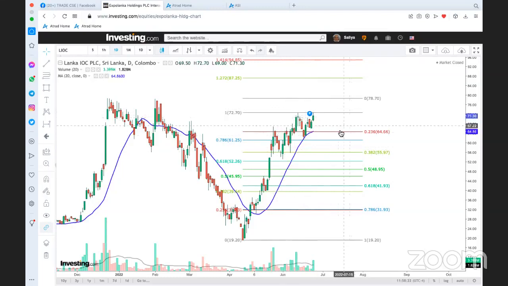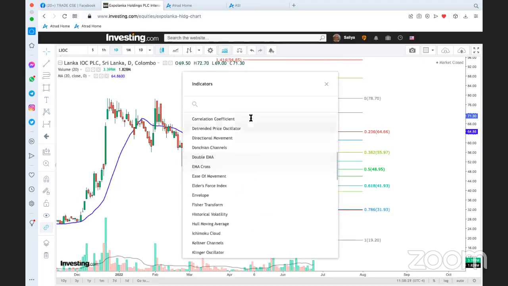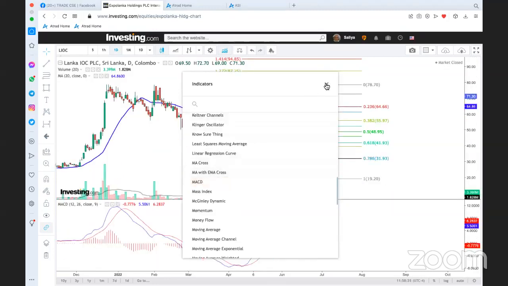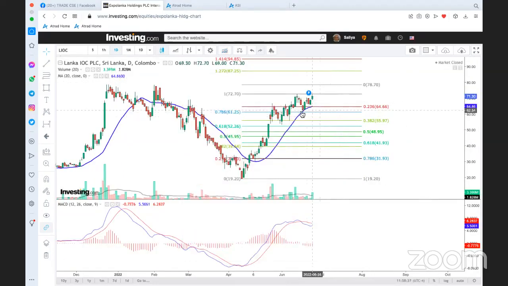Now, in this scenario, if you look at the MACD, that will be important. So when this accumulation is happening, MACD has come down, but again is skewing up, right? This turning up is an important thing.